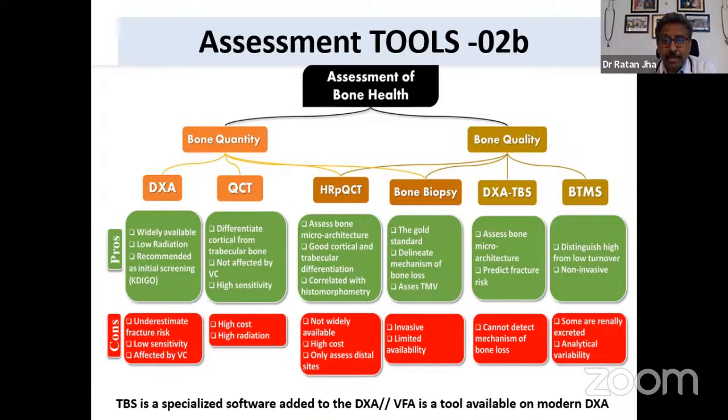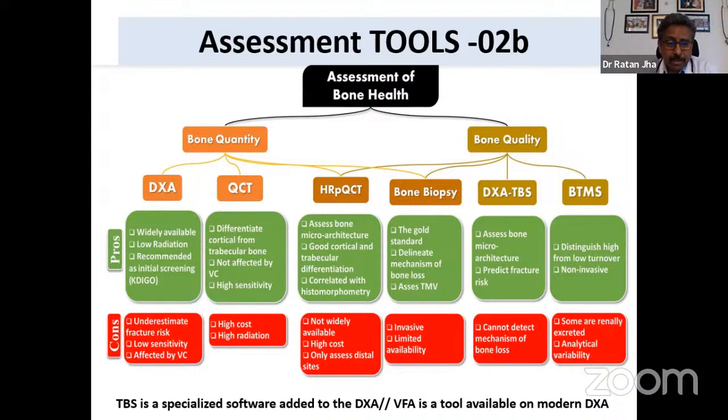It can predict an additional risk of fracture, but it cannot detect the mechanism of bone loss. In contrast, the bone turnover markers that we talk about can distinguish low turnover from high turnover. It is non-invasive, but it suffers from interference by kidney dysfunction, because some of the bone markers are renally excreted and could be falsely high.